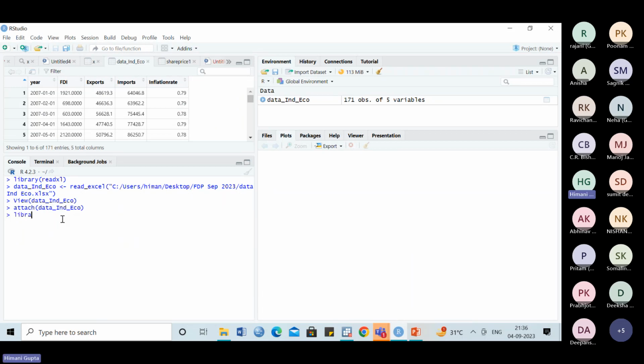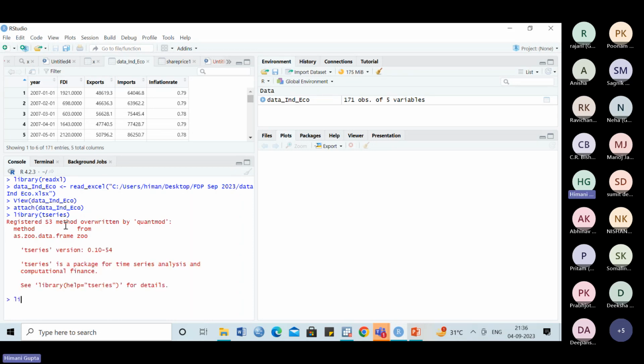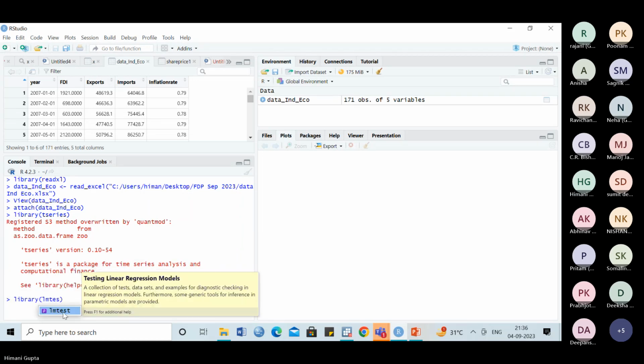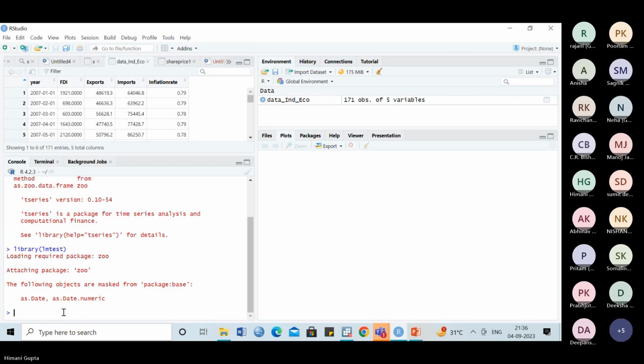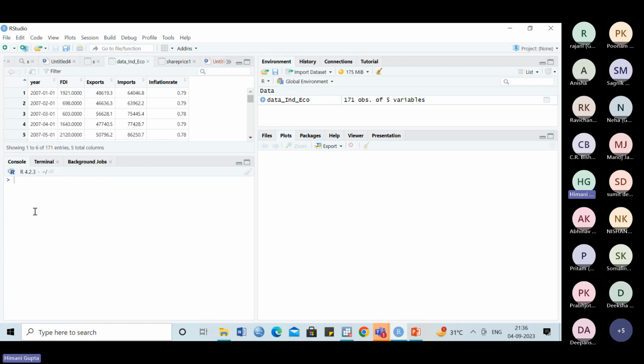And load the packages: tseries and lmtest. Just load these two packages.